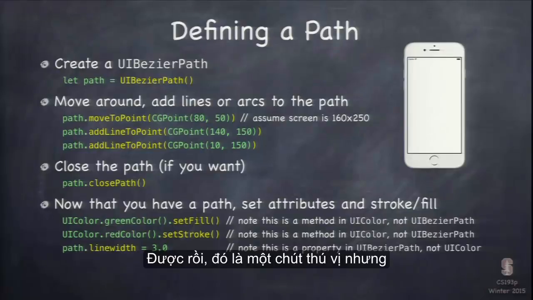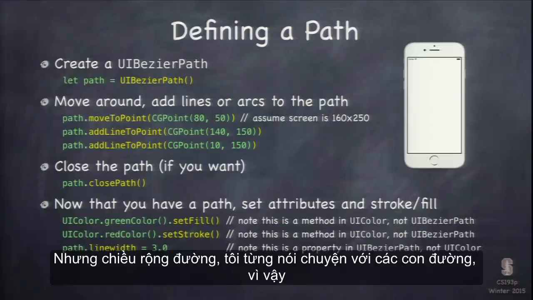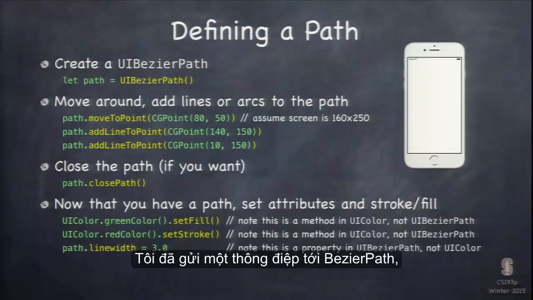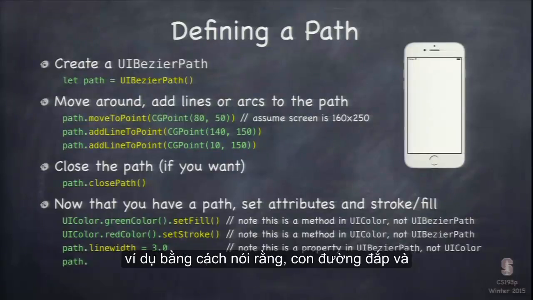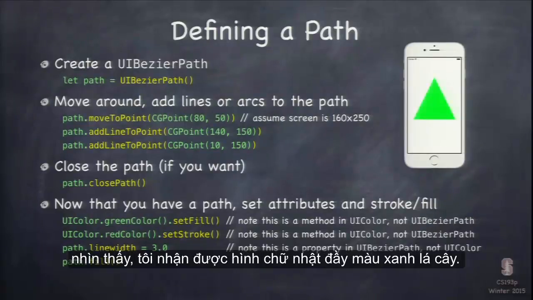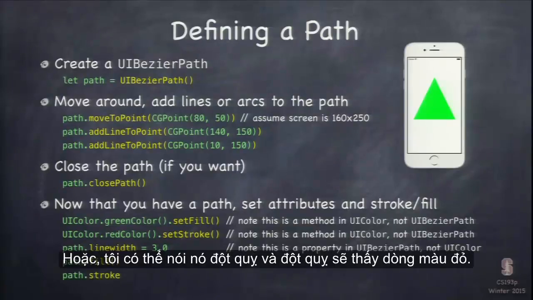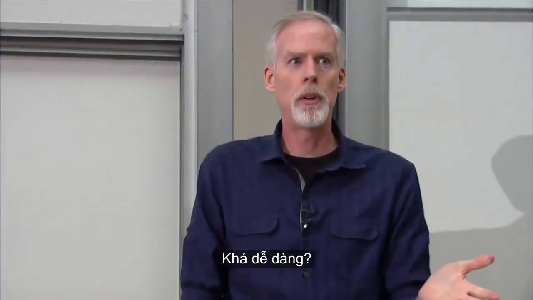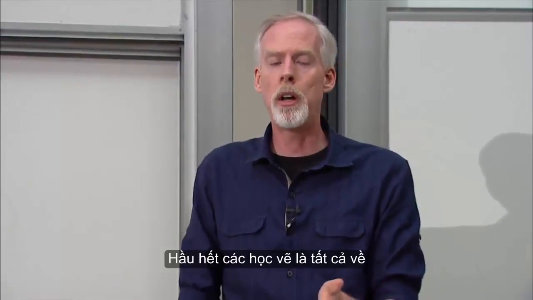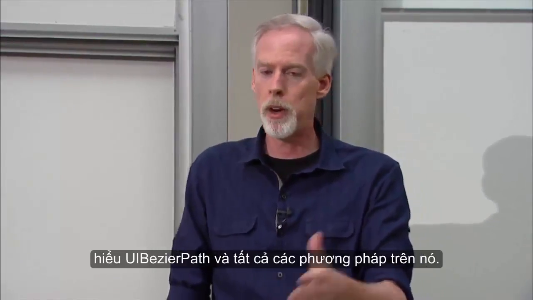That's a little interesting, but that's the way that works. But line width, I do set by talking to the path. So I send a message to the Bezier path to set line width to 3. So once I've set up all my attributes, now I can fill, for example, by saying path.fill, and see, I get the triangle filled in green, or I can say stroke, and it'll stroke the red line. Okay? Pretty straightforward.